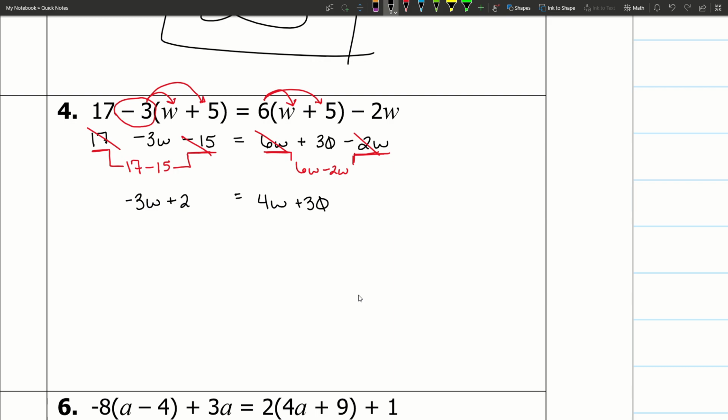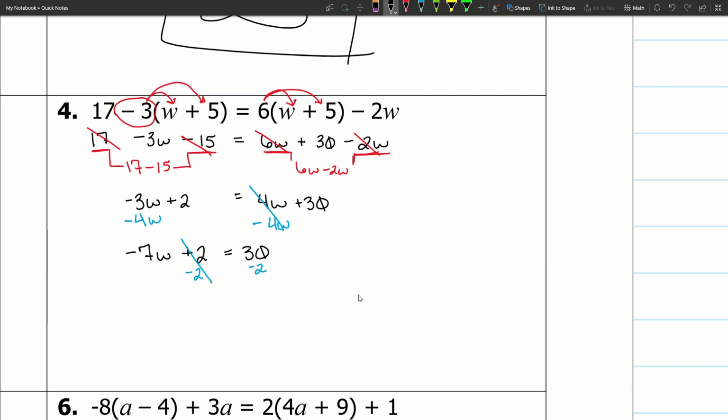Most of us like to keep our variables or our letters on the left side, so I'm going to follow suit with that. I'm going to choose to subtract 4w away, because 4 minus 4 is 0. Negative 3 and negative 4 make negative 7. We then need to subtract our 2 away. Again, because positive 2 and negative 2 make 0.